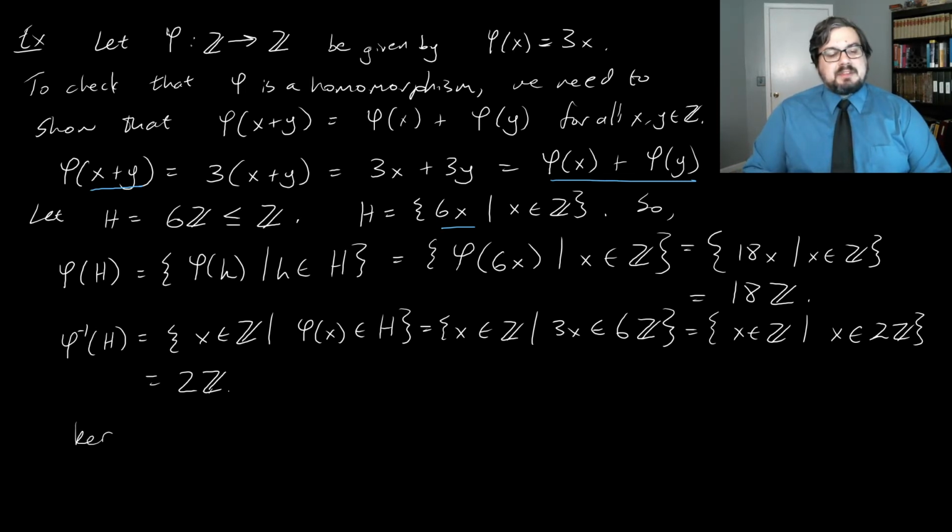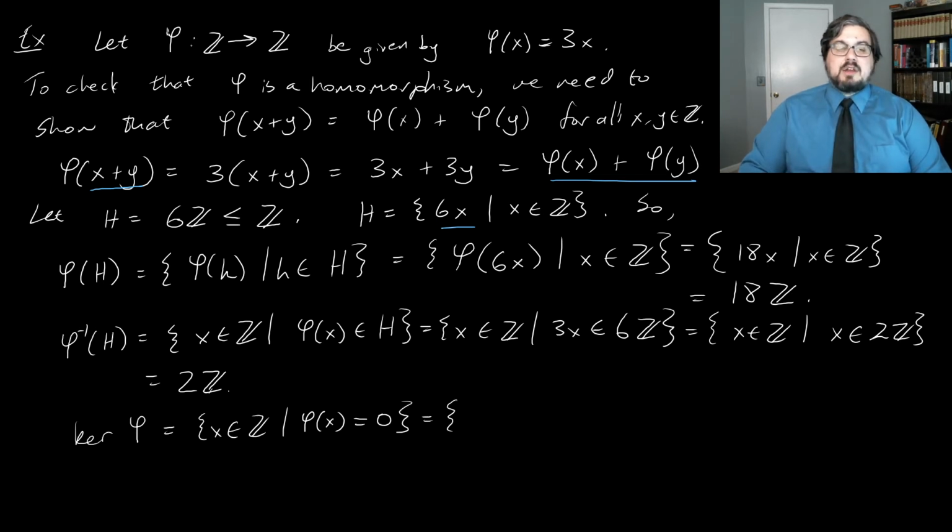We also have that the kernel of phi is the set of all integers that get mapped to 0. So it's the set of all x in Z such that phi of x is 0, since 0 is the identity of the codomain Z. So that's the set of all x in Z such that 3x is equal to 0.